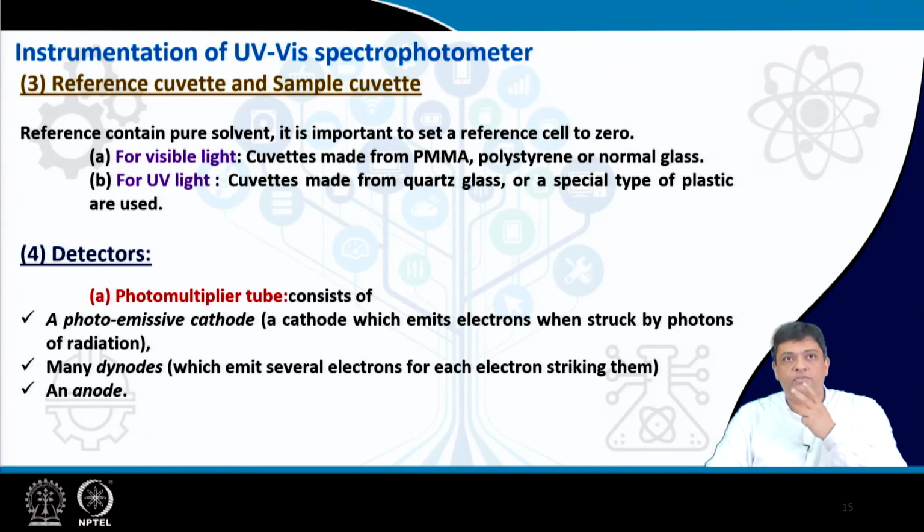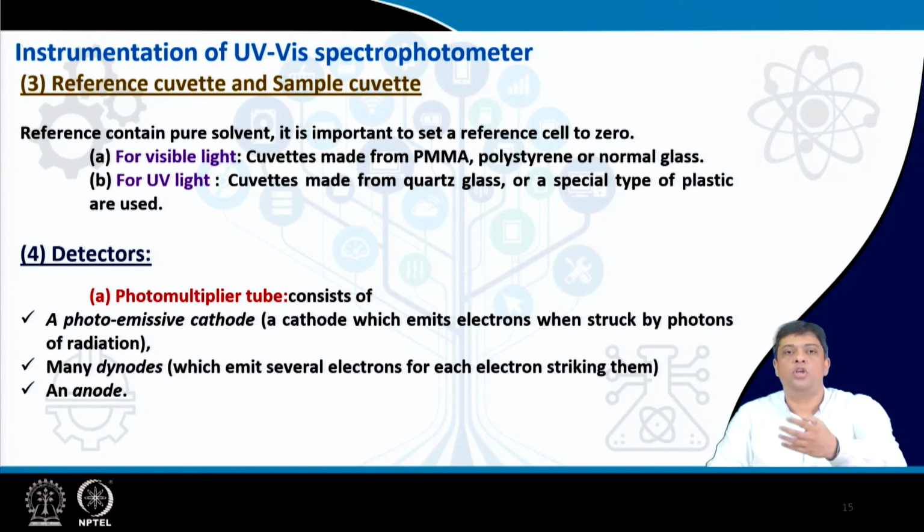There are two types of sample holders to put your samples. If you are using visible light, cuvettes are made of PMMA, polymethyl methacrylate, polystyrene or normal glass. For UV light, the cuvettes are made of quartz glass or special types of plastics. Then the light interacts with the sample and you have a signal output.